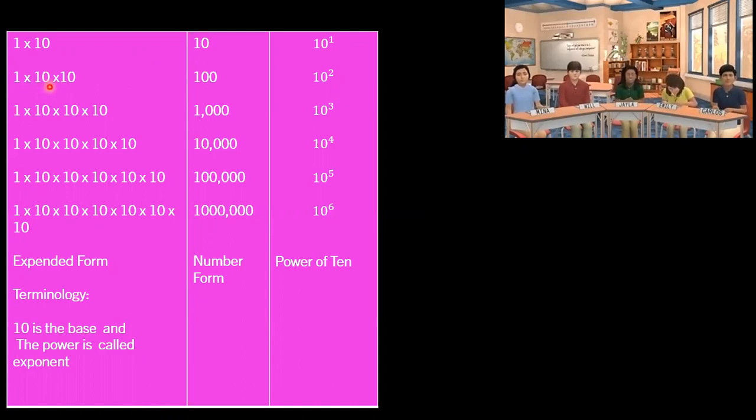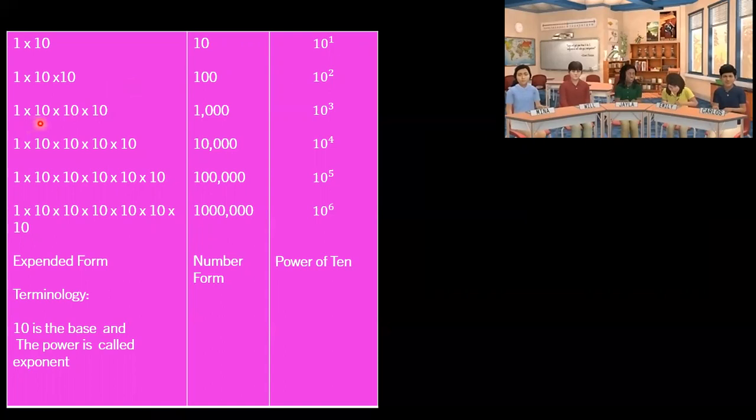We know 1 times 10 is 10, and then 10 times 10 is how much? 100. How do you know that? That's what 10 times 10 is, because you add another 0.